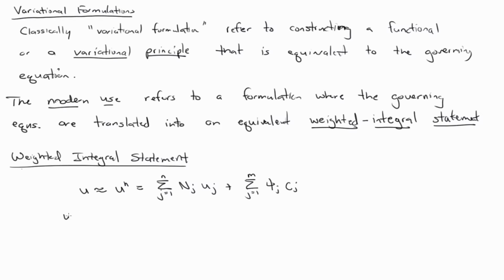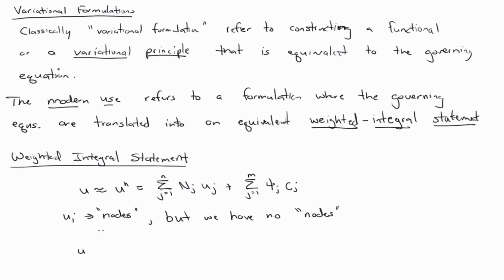So u_j is associated with the nodes, right? But at this point, I haven't talked about any kind of discretization technique, so we don't have nodes.